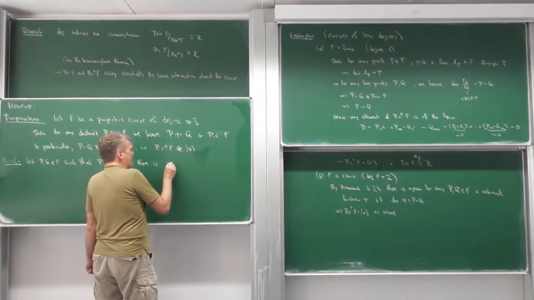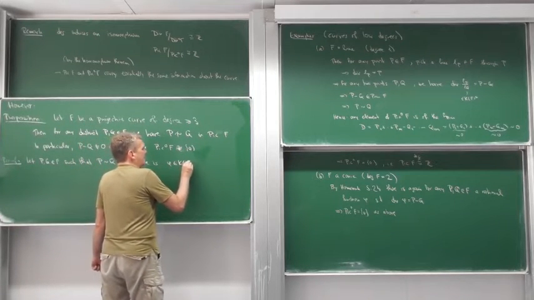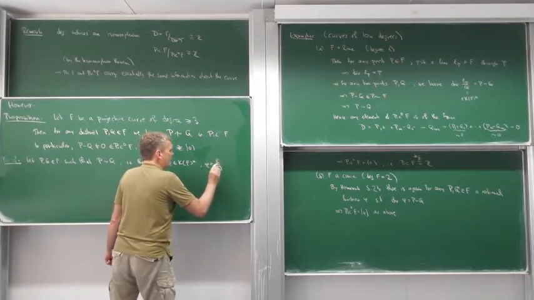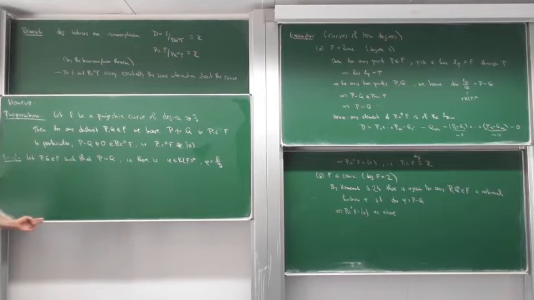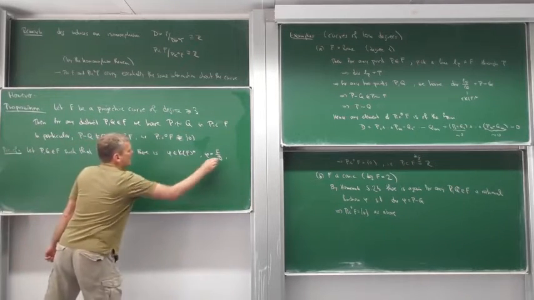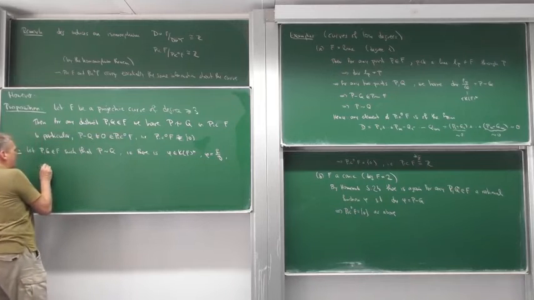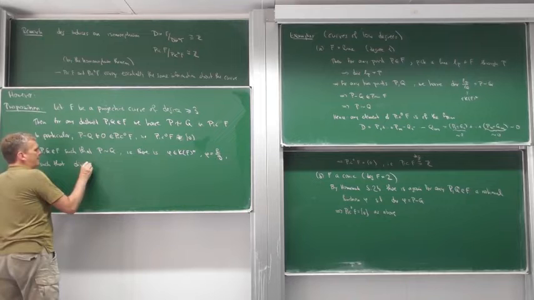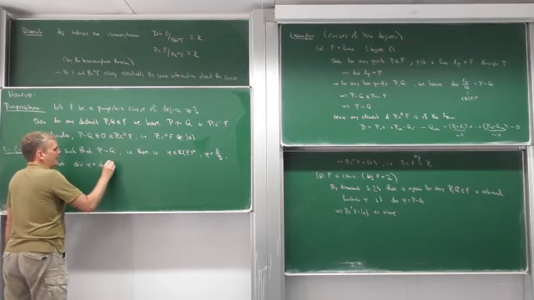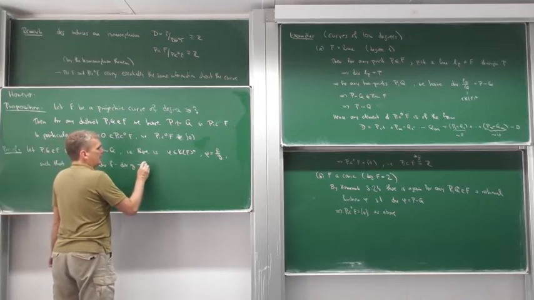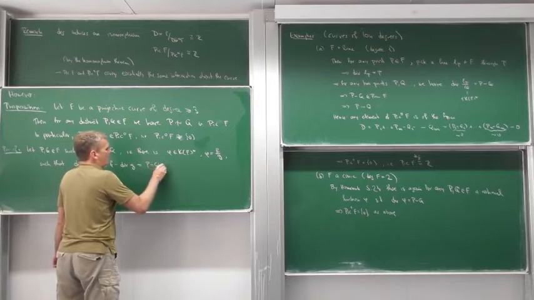So there is a phi, a rational function. We can write it as f over g, of course, as usual, with quotients of homogeneous polynomials of the same degree, such that the divisor of phi, which is the divisor of f minus the divisor of g, is p minus q.